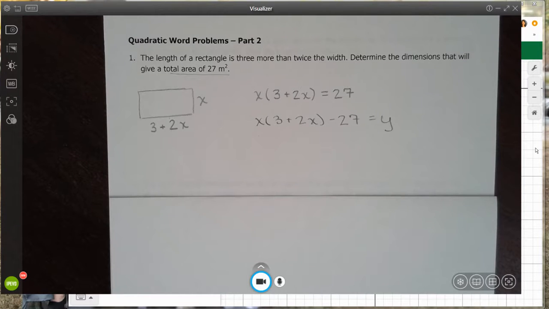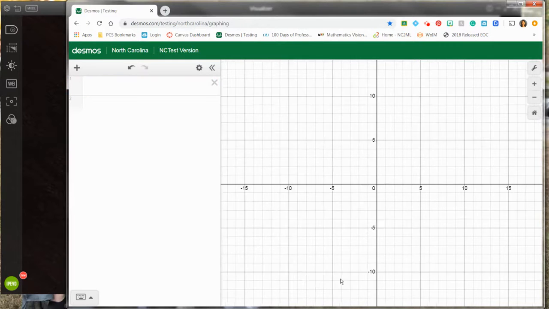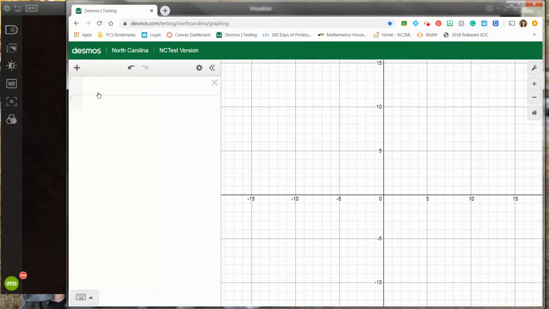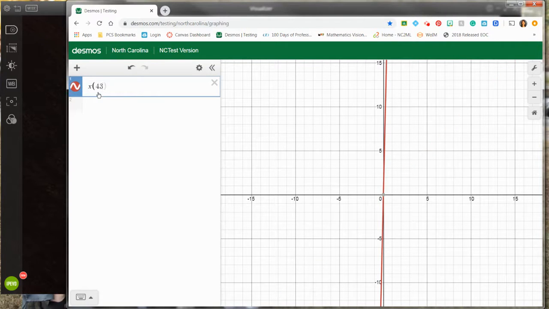Now, since I'm trying to solve this, what I'm looking for are my roots. So I'm going to put my normal window there. So I have x times 3, just 3, plus 2x minus 27.